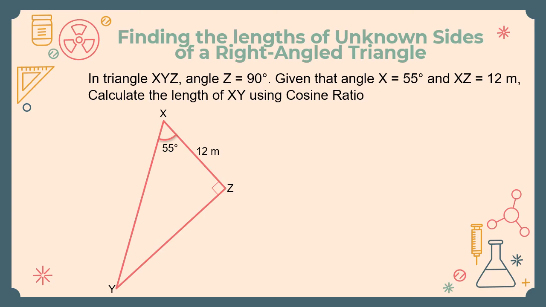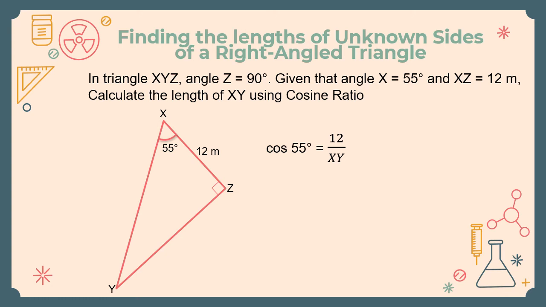So next, finding the lengths of unknown sides of a right-angled triangle. Given a triangle XYZ, angle Z is equal to 90 degrees, given that X is equal to 55 degrees and XZ is equal to 12 meters. Calculate the length of XY using the cosine ratio. So cosine is equal to 55 degrees.